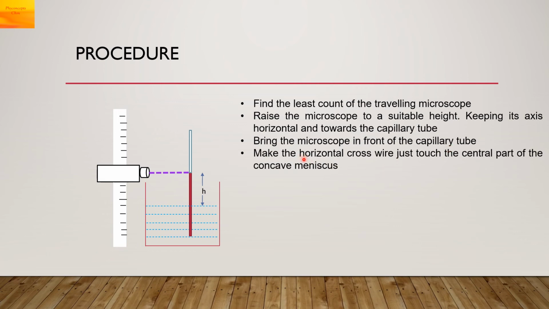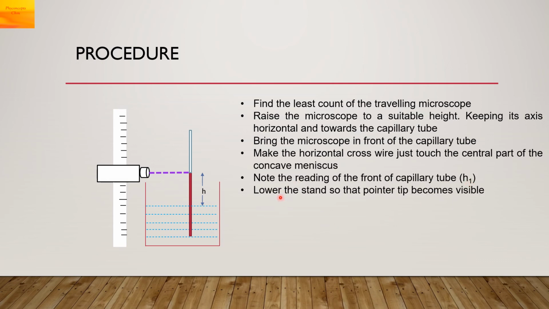You are able to see the horizontal and the vertical cross wires through the microscope. Make the horizontal cross wire just touch the center part of the concave meniscus. Note the reading of the front of the capillary tube, which we will denote as H1.